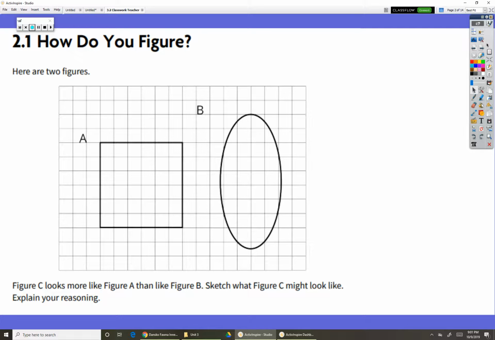And you need to be able to justify or defend your reasoning, so you need to be able to explain why you think figure C looks more like figure A than like figure B. So please take a minute with your partner to discuss what that might look like and come up with a sketch. So pause the video and then come back.